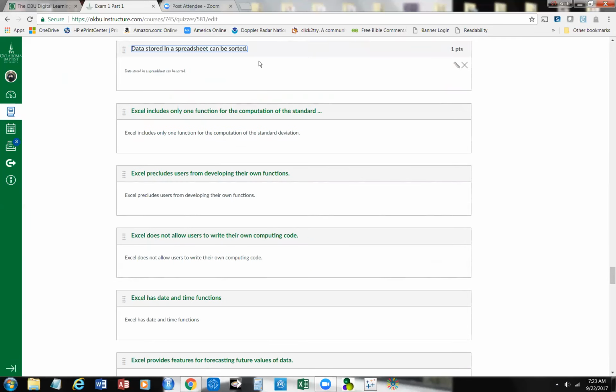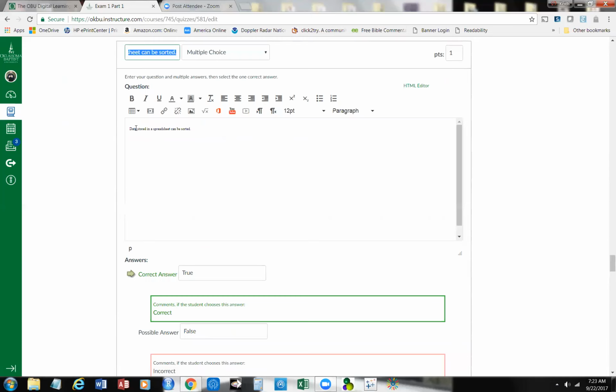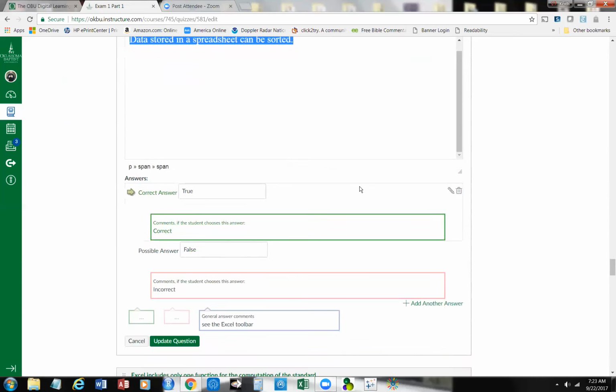Data is sorted in a spreadsheet. Can be sorted? That's the question. I'll get it up to a large size here. Yes, we can. We did. I showed you last night. We've done sorts and filters.